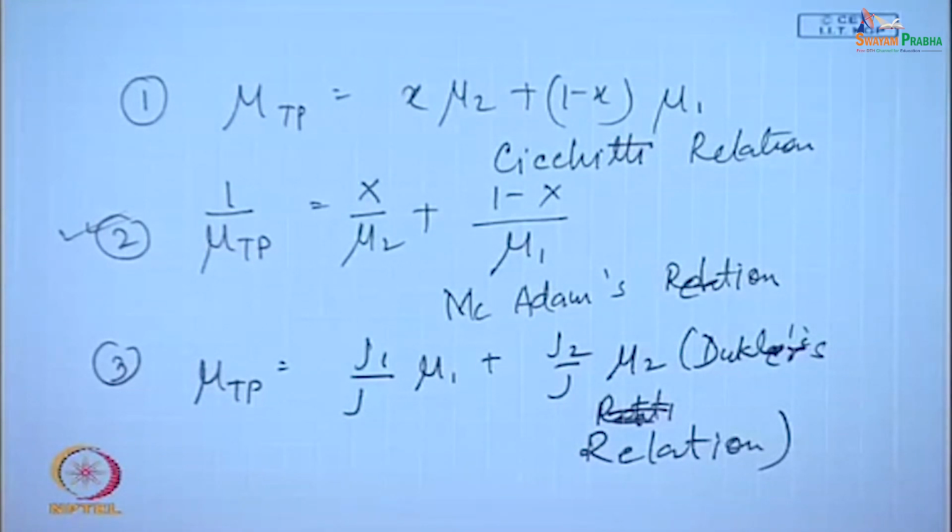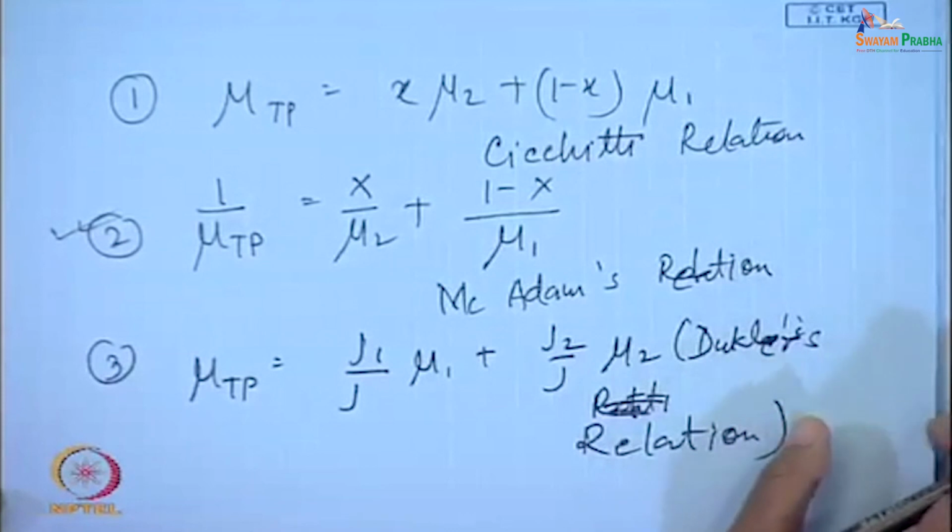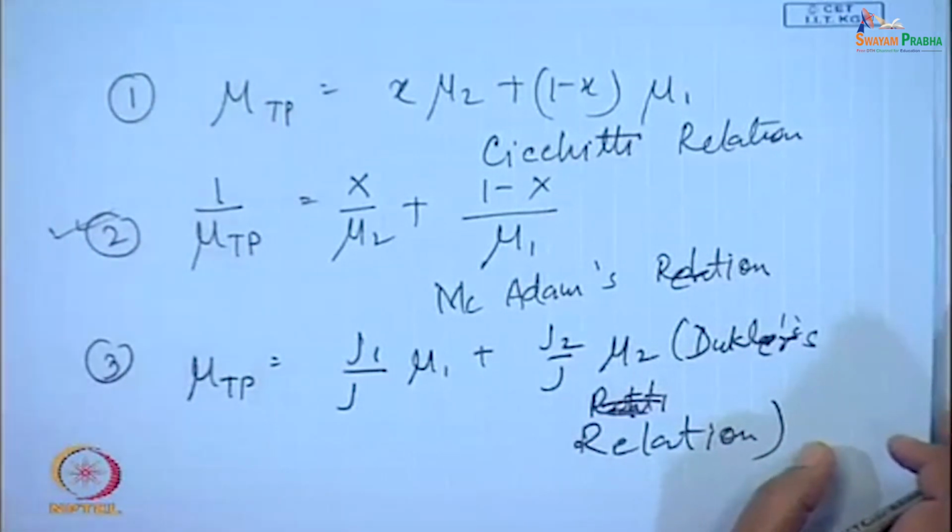If we use the McAdams relationship, then you get something of this sort. Suppose we have a laminar flow pattern.